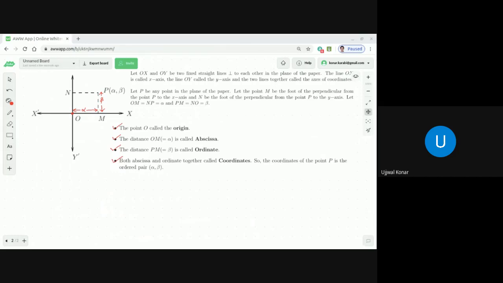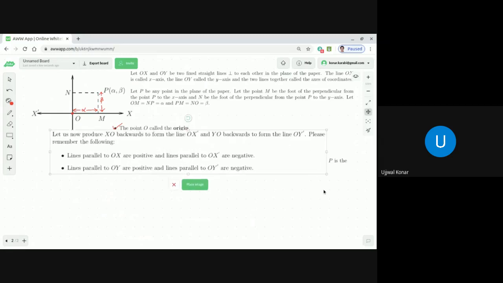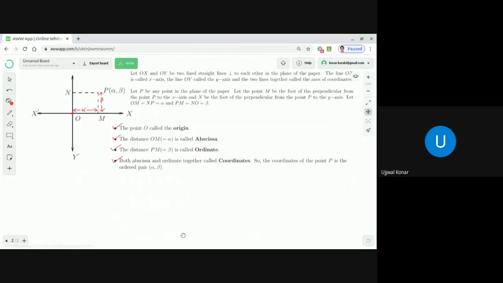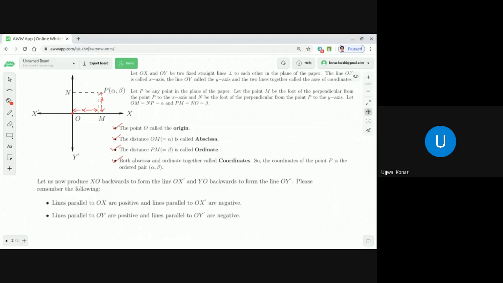Okay. Now, a few very basic points we'd like to mention here: along with OX, there is OX dash also. So I should also mention what about that OX dash and OY dash. Let us now produce XO backward to form OX dash, and YO backward to form OY dash. Now let's remember the following.